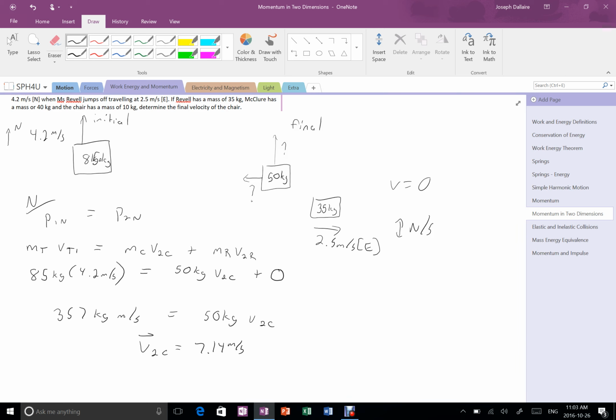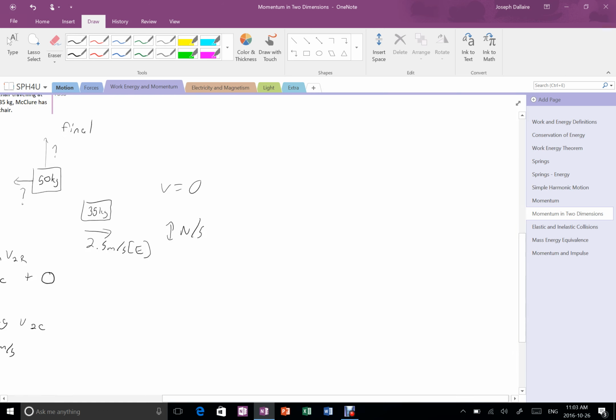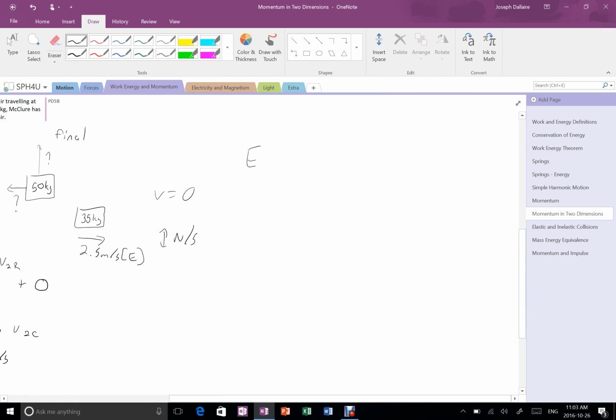Now we have to do the same thing in the east direction. In the initial state, or the initial momentum in the east direction, neither object is moving, so we get an initial momentum of 0. They're both going straight north, so neither are going east or south. In the final situation, the mass of the chair and the final velocity of the chair plus the mass of Revel times the final velocity of Revel.